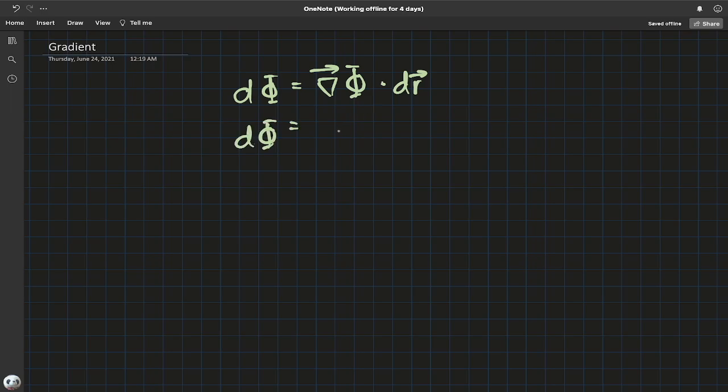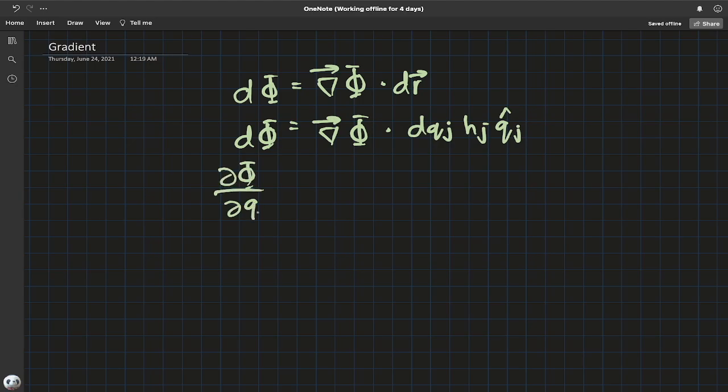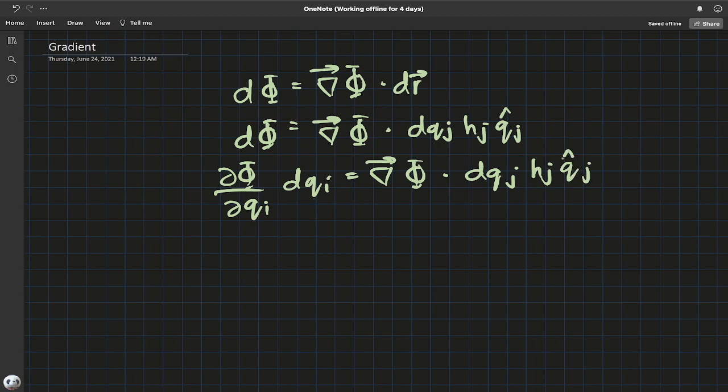Fine, we can express the position vector differential in the curvilinear system as dqj hj qj hat, and we can use the chain rule on this side to get partial phi with respect to, say, qi dqi, equal to the gradient of phi dotted with dqj hj qj hat.